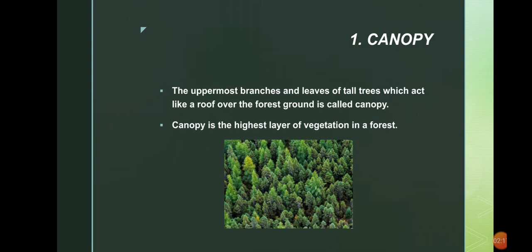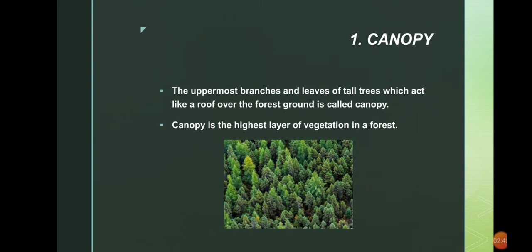It is the upper part of the crowns of tall trees in the forest which make the canopy. Thus, in the forest the tall trees form the uppermost layer of vegetation. The canopy is considered the highest layer of vegetation in the forest, right? The primary vegetation in a canopy is mature trees, so a canopy is filled by leaves from large and mature trees.